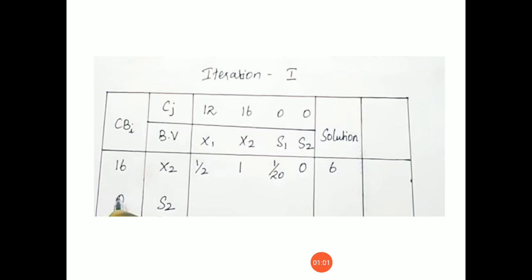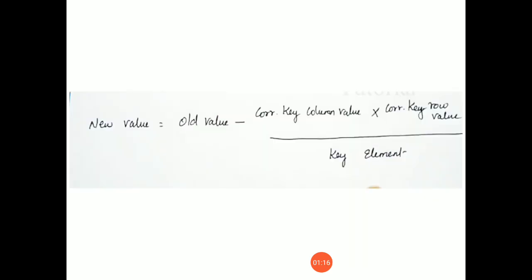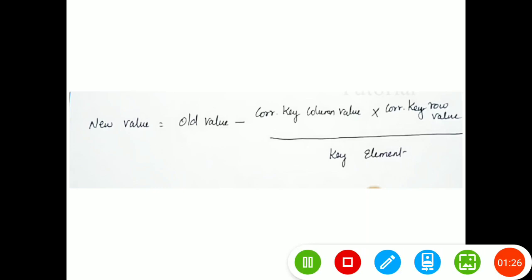Now I was discussing filling the elements for the s2 row. For filling the elements in the row where s2 is, there is a formula: new value is equal to old value minus corresponding key column value into corresponding key row value divided by key element.